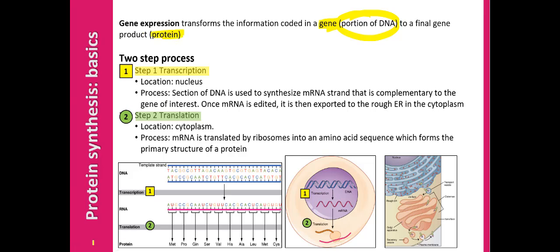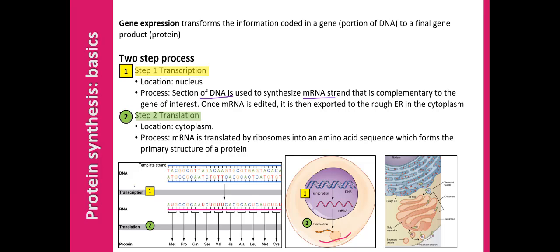And protein synthesis is composed of two different steps. The first step is transcription. And in transcription, what happens is DNA is used to synthesize a messenger RNA strand.